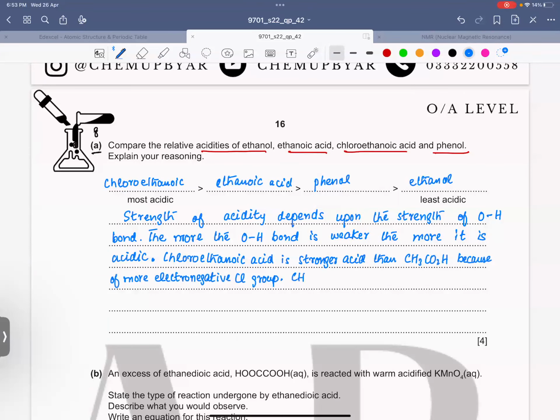Then I can write that ethanoic acid is more acidic than phenol due to the electron withdrawing nature of C double bond O.